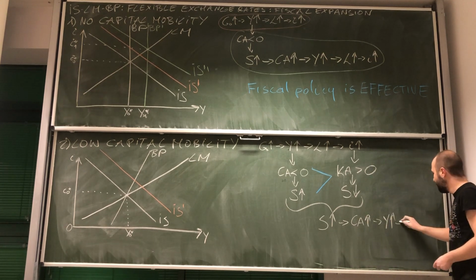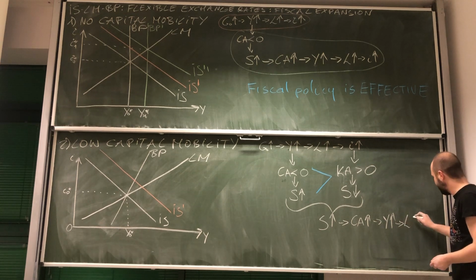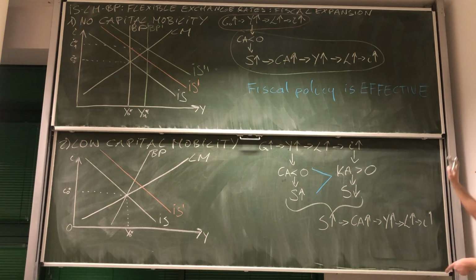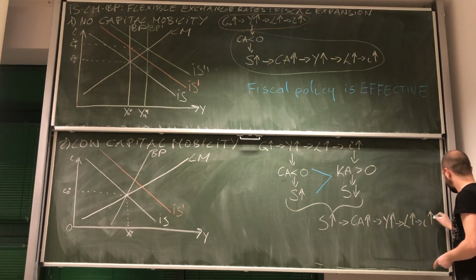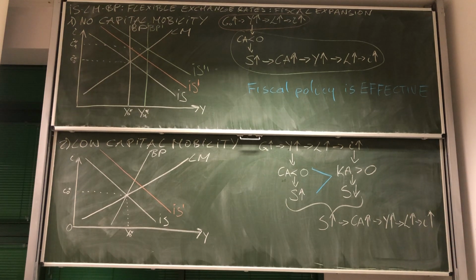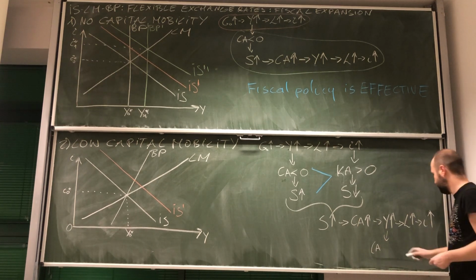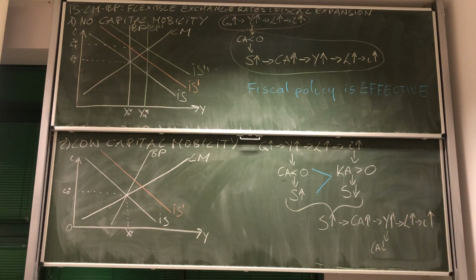With higher GDP, we've got higher money demand, higher interest rate. What is happening now? Well, over here we see that the current account would go further into deficit, right? And we would see that the capital account would get into surplus.